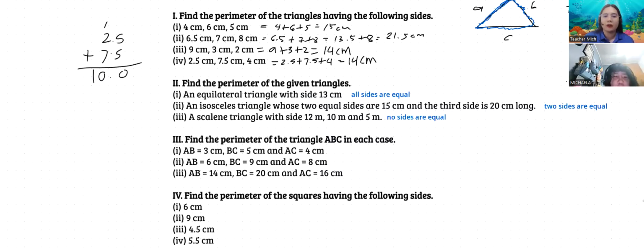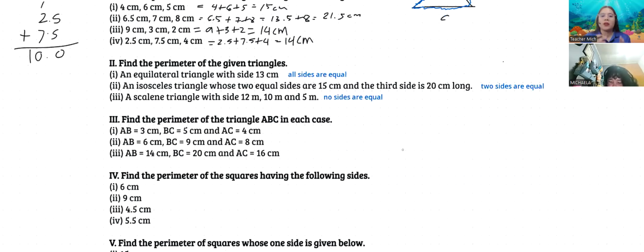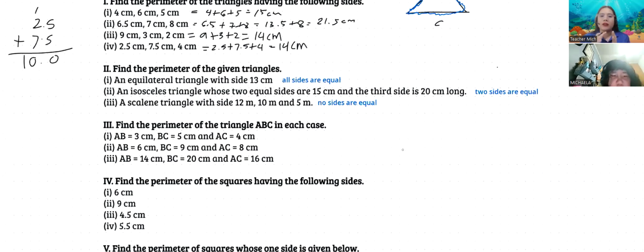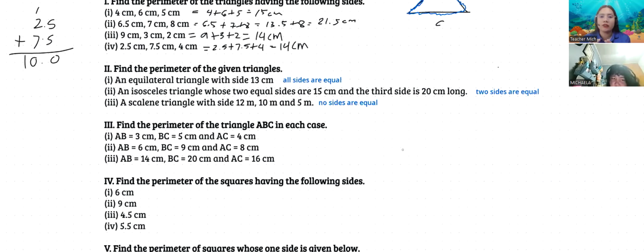Okay, so we have here, anak, an equilateral triangle with the side 13 centimeters. Always remember this one. If it is an equilateral triangle, all of the sides are equal, meaning, what's the measurement of A? 13. How about B? 13. How about C? 13.